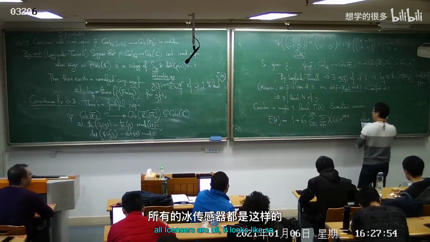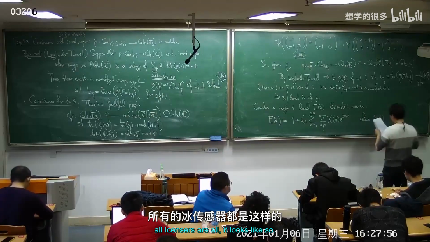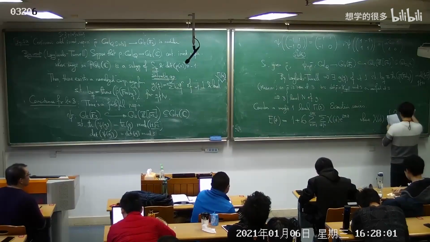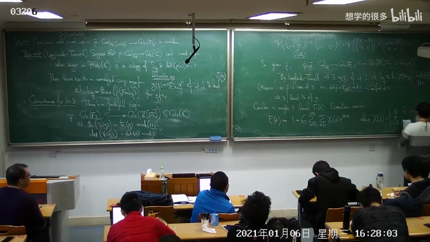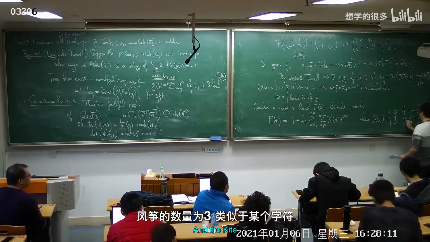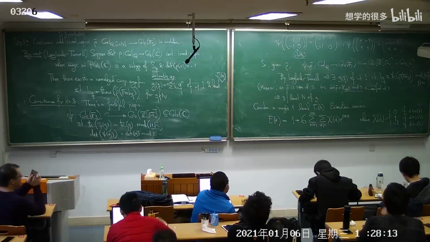This is typically what an Eisenstein series looks like, and chi is a mod 3 Dirichlet character.